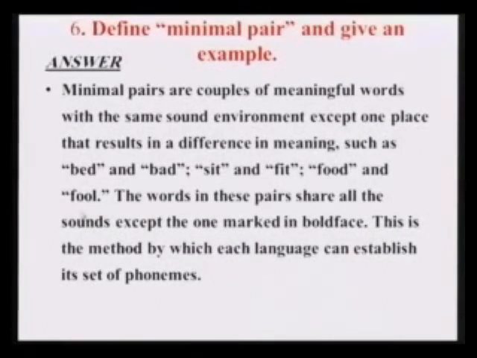Food and fool are minimal pairs, because these are the same vowels. الأف والف واحدة، الاختلاف بس في الـ d والـ l. فالـ d والـ l are 2 different phonemes. يبقى minimal pairs are couples of meaningful words: food, fool, with the same sound environment, except one place, d, l, which results in the difference in meaning.